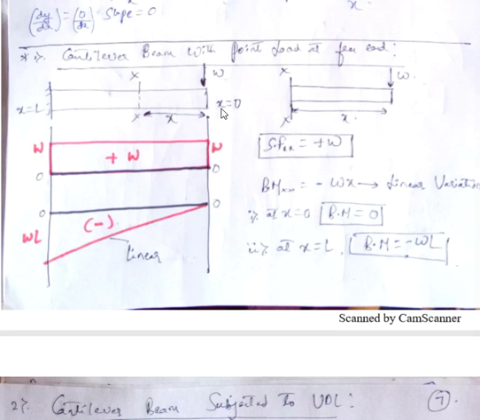So we'll consider x equal to 0 at this end. Then as I move towards the left, the value of x goes on increasing, and finally at this end x value is L. So length varies from 0 at free end to total length of the beam at the fixed end.